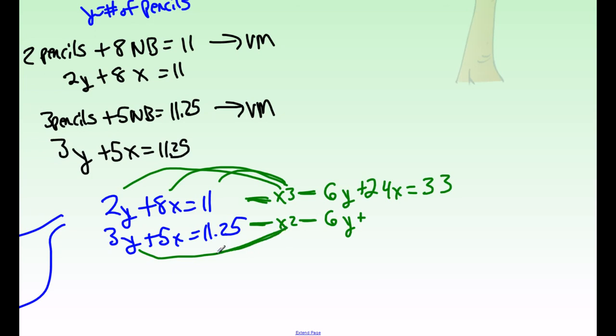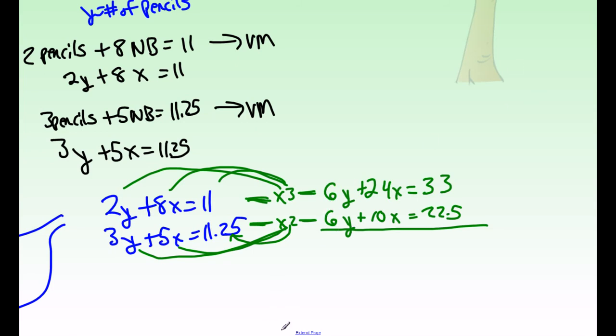Plus 2 times 5 is 10x. And 2 times 11.25 is 22.5. Alright, so we now have 2 equations that we can use the elimination method because the coefficients are the same.